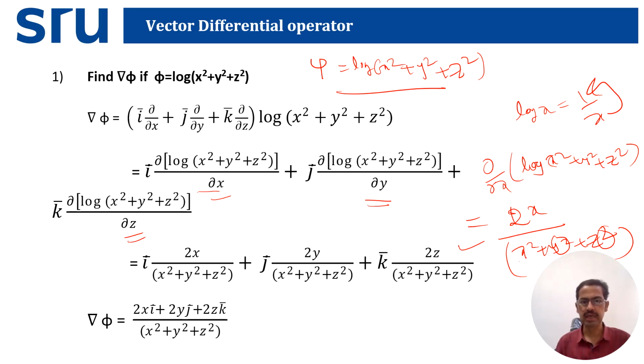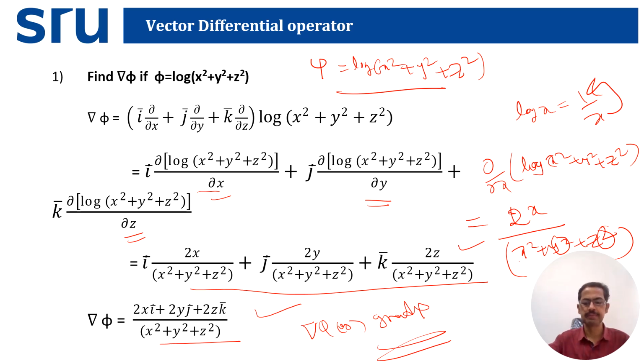Now let's take the LCM x square plus y square plus z square. Now 2x i bar, 2y j bar, 2z k bar. This is del phi or grad phi. The phi is any scalar point function, right?